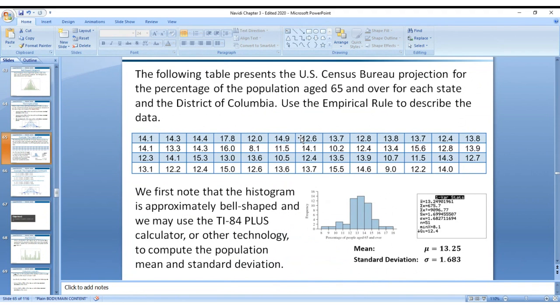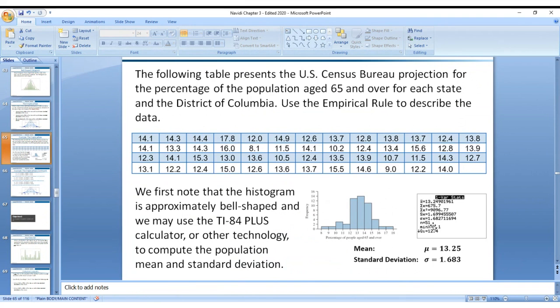Now, they created a little histogram for us right below the data in the middle. They're going to judge this as approximately symmetric or approximately bell-shaped. It's not skewed to one side, the hump's in the middle, so we can say that it's approximately normal.